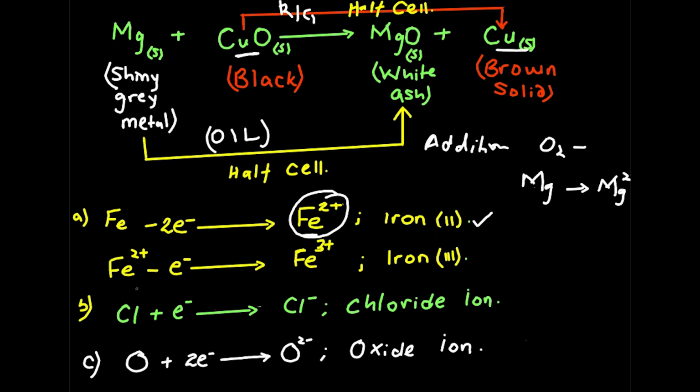The iron II so obtained can also lose electrons, becoming iron III. The chlorine atom gaining an electron becomes the chloride ion. The oxygen atom gaining electrons becomes reduced. So these two processes are reduction, while these two are oxidation.